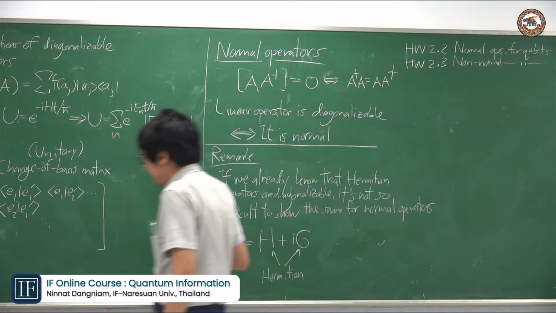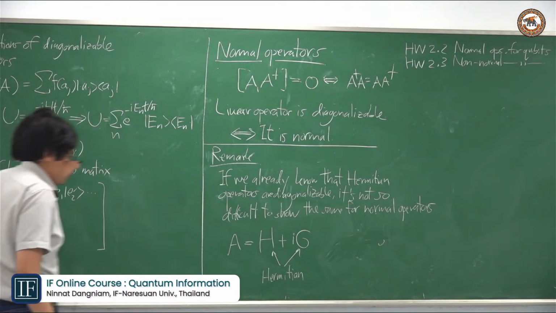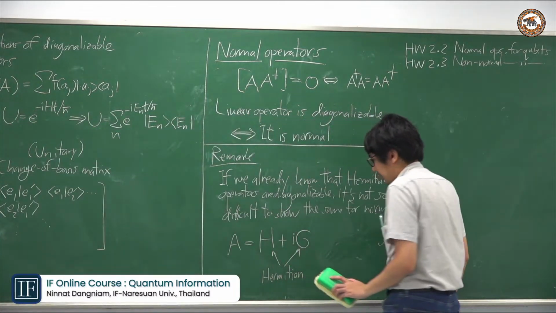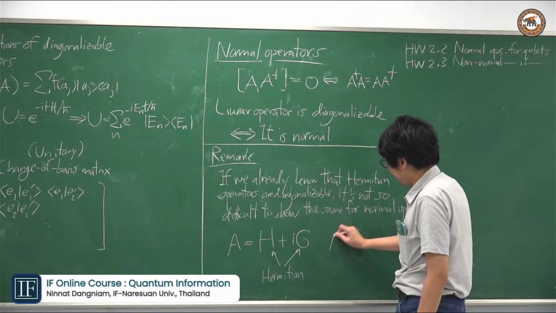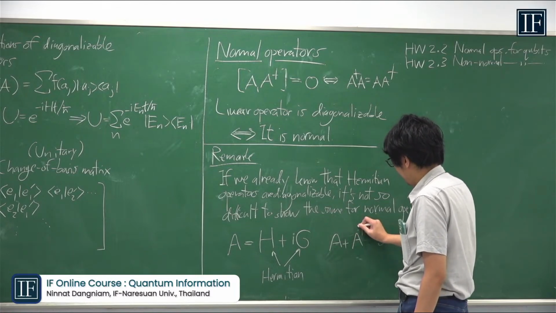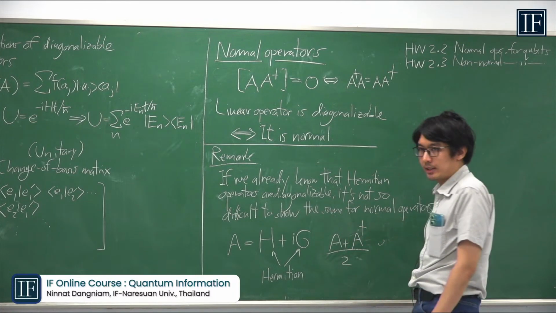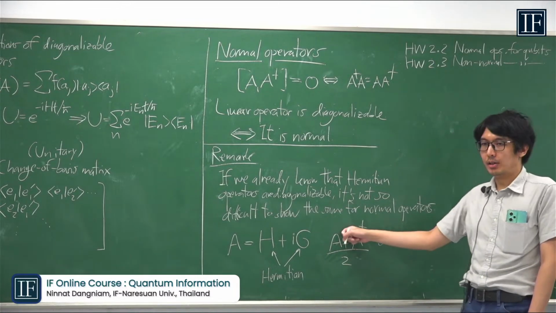This can be done because you can do things like this. If you have A plus A dagger, then this is Hermitian.